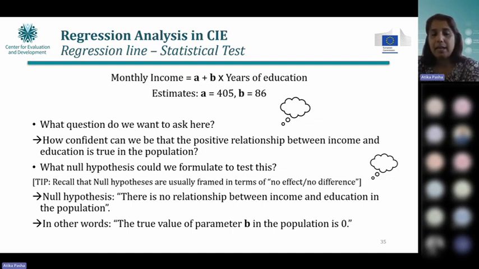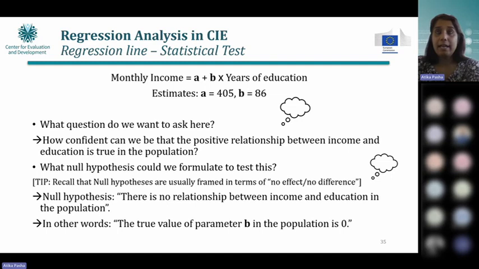So in our case, the null hypothesis will be formulated slightly differently because we're still looking for no effect, no difference, but here we are hypothesizing that there is no relationship between income and education in our population. If you remember, no relationship would just be a straight line, as I showed on the graph. So regardless of your years of education, your income would stay consistent across. And this would be the null hypothesis that we are trying to test and potentially reject.